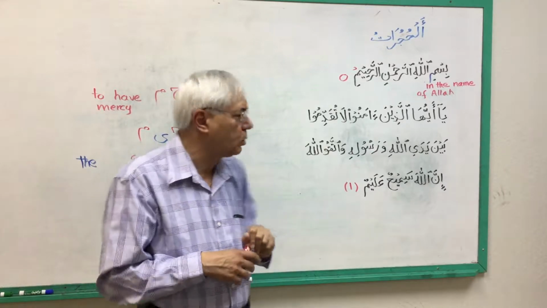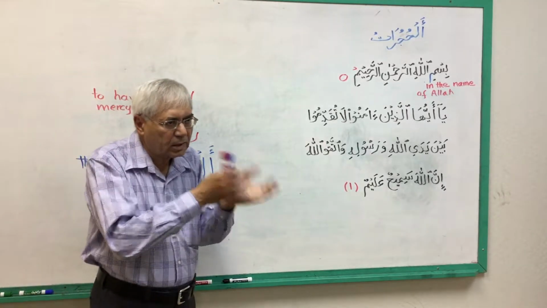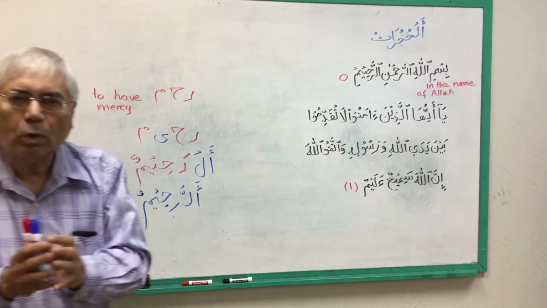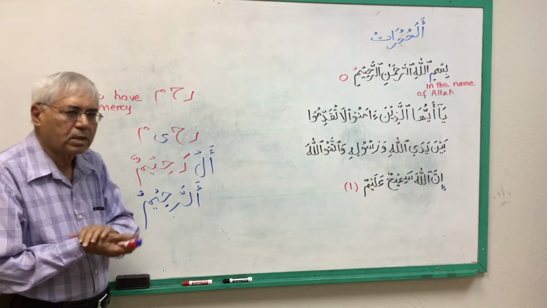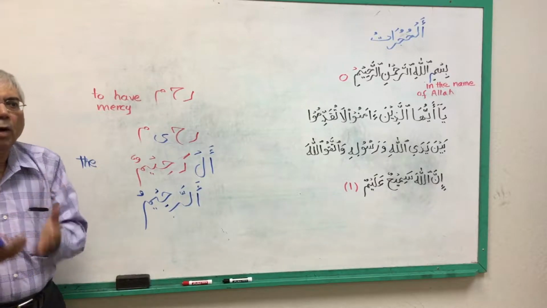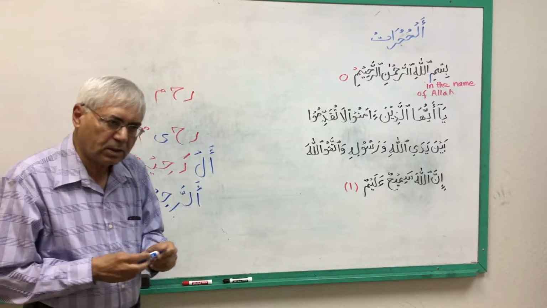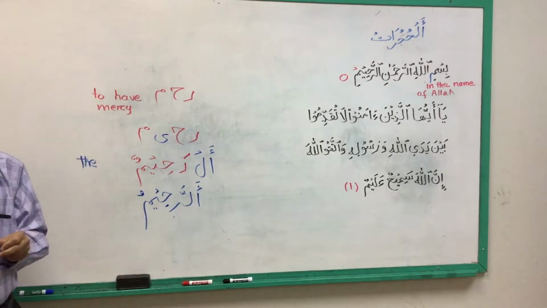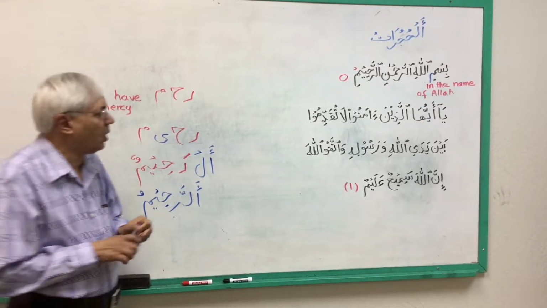So these are the rules: grammar and tajweed go together in the Quran. You have to know both to properly understand the Quran and why it is recited the way it is recited. So that is the meaning of Bismillah Ar-Rahman Ar-Rahim.